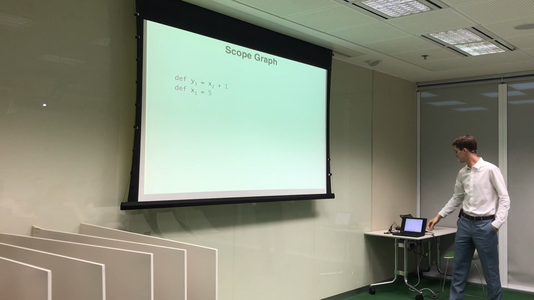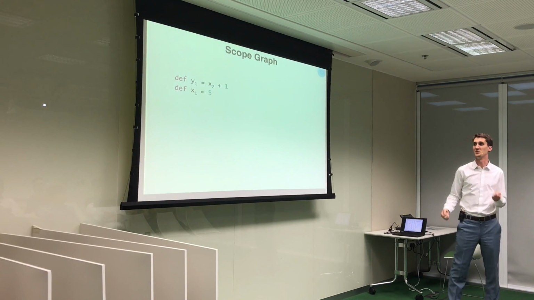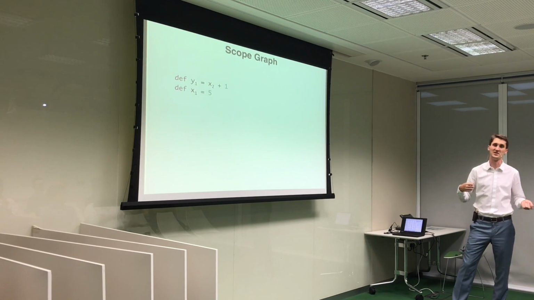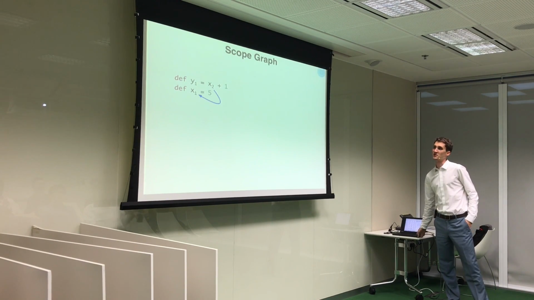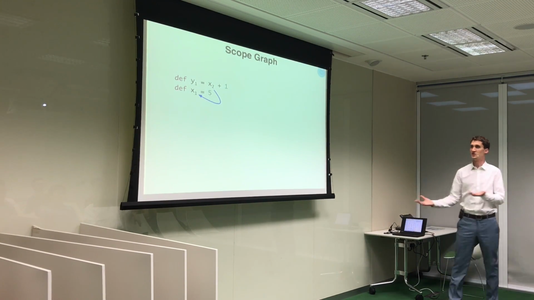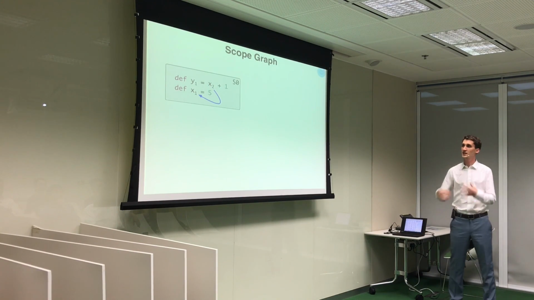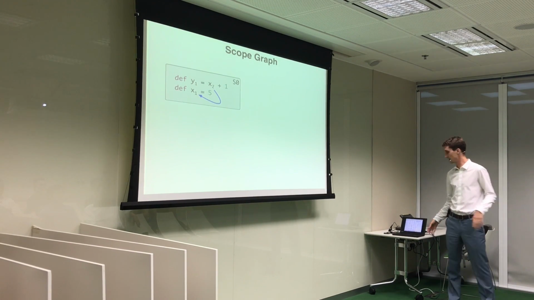This is the real program, and this is the annotated program where I can say x1 resolves to x2, because these are two occurrences of x, one is the definition and one is the use. So it's not two different variables. In this case, we know that x2 resolves to x1 because everything is in the same scope. We have defined two values, and that's it.